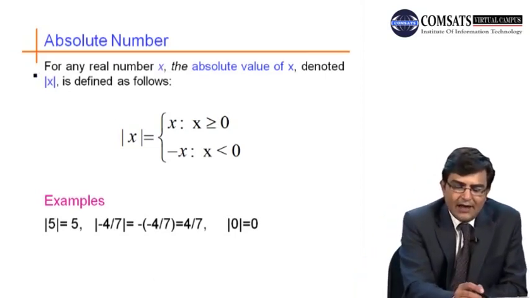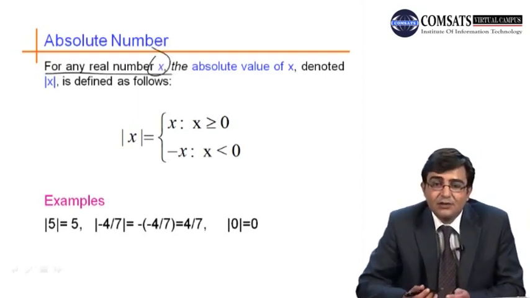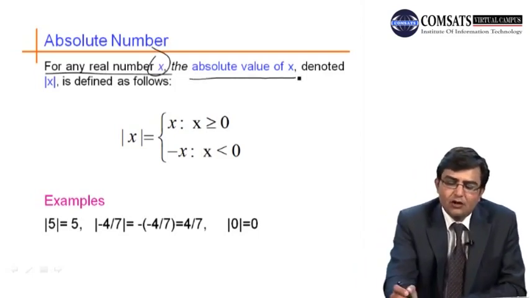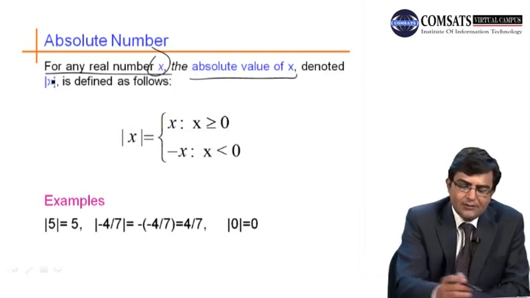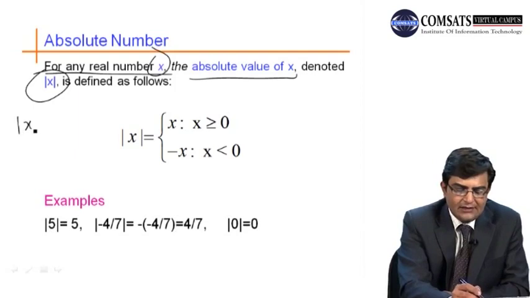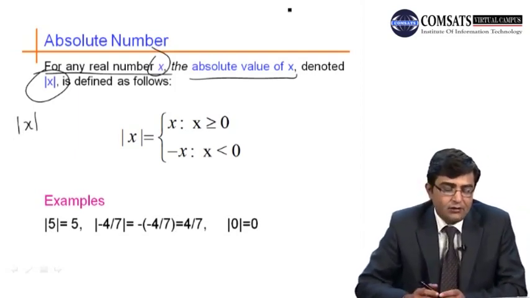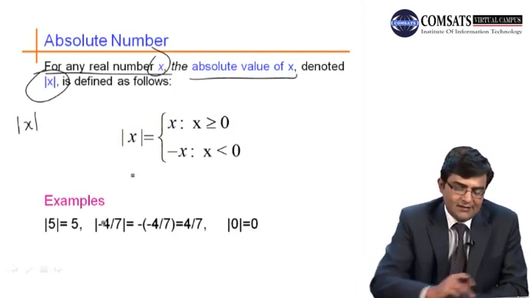So for any real number x, this real number could be rational, it could be irrational. So what is the absolute value of x? We define and denote the absolute of any number by writing two lines on the left and right hand side of that number, and this is read as absolute of x.